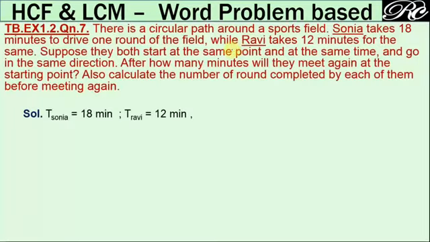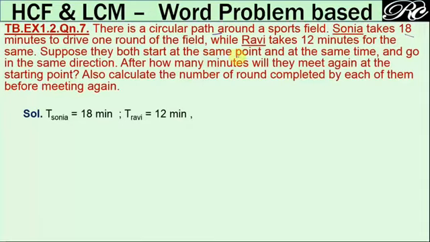This question is from your textbook, exercise 1.2, question number 7. There is a circular path around a sports field. Sonia takes 18 minutes to drive one round of the field, while Ravi takes 12 minutes for the same.